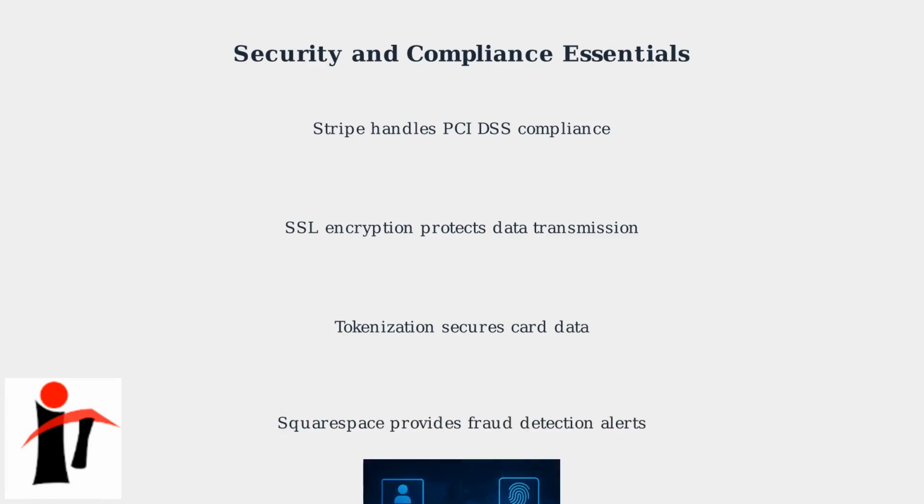Squarespace integrates real-time fraud detection, alerting you to suspicious activity before it affects your business. Stripe's API defaults to end-to-end encryption, securing all communication and data flows. Always ensure your Stripe account is fully verified with proper documentation to maintain compliance and protect both you and your customers.